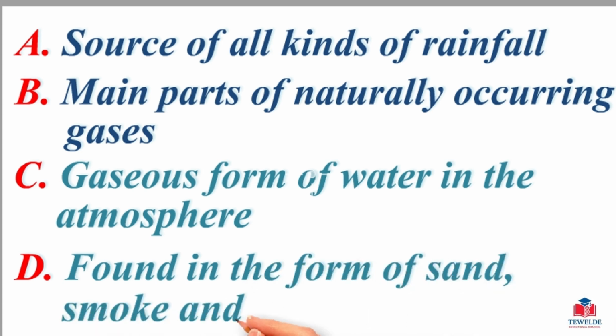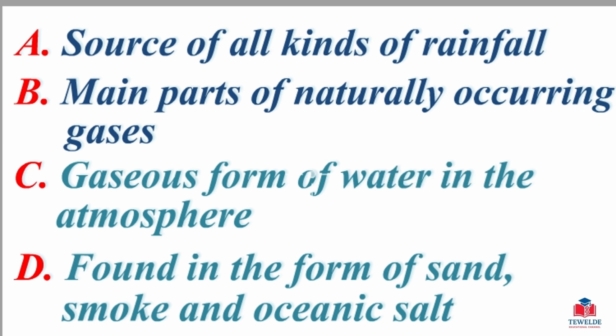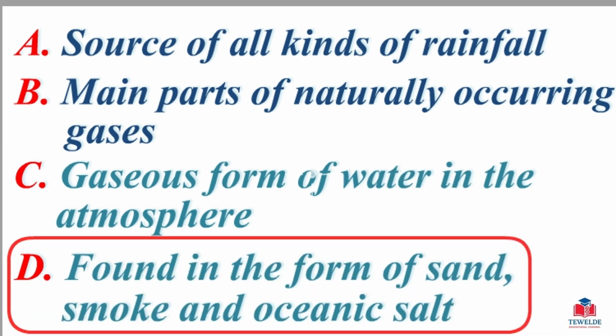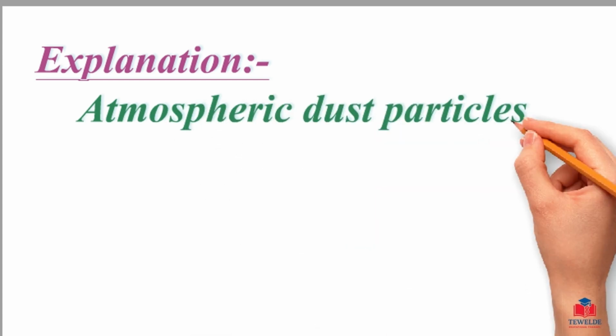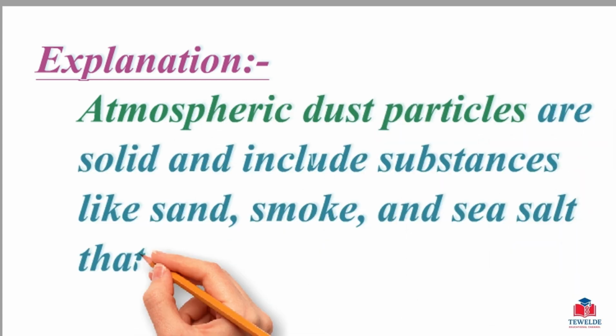D, found in the form of sand, smoke, and oceanic salt. The answer is D, found in the form of sand, smoke, and oceanic salt. Explanation: atmospheric dust particles are solid and include substances like sand, smoke, and sea salt that influence weather and climate.